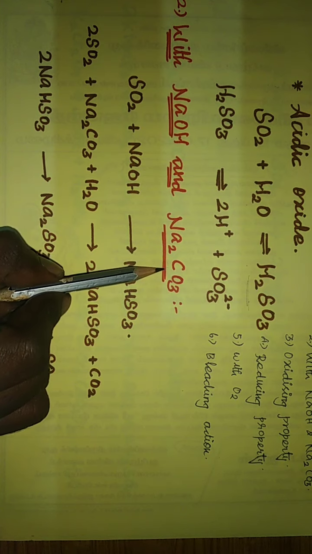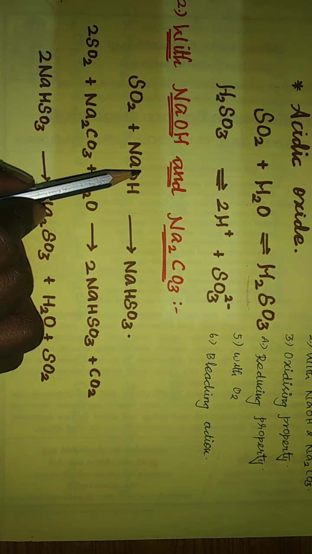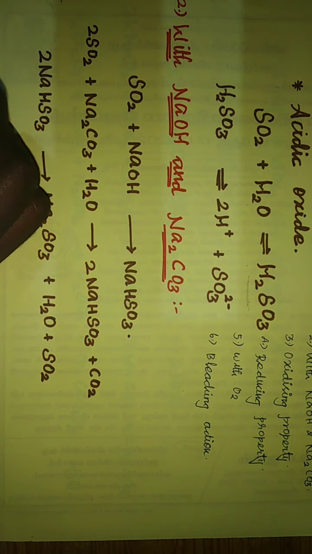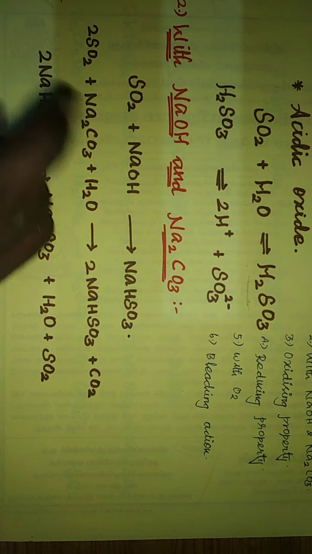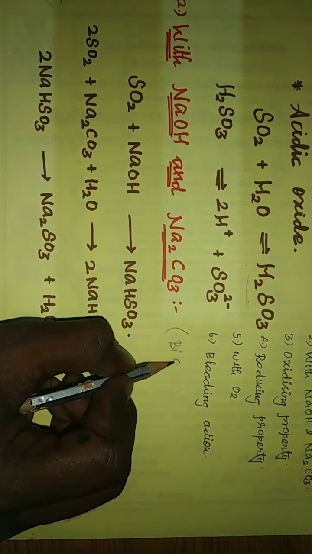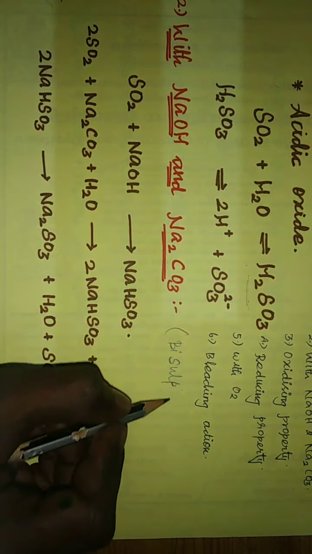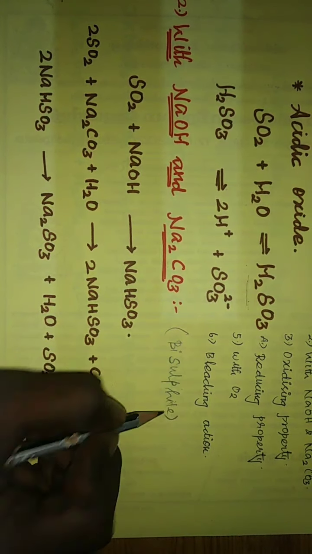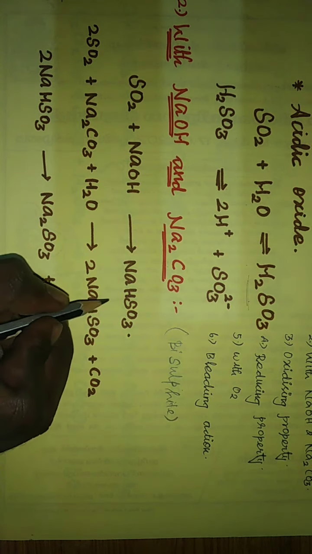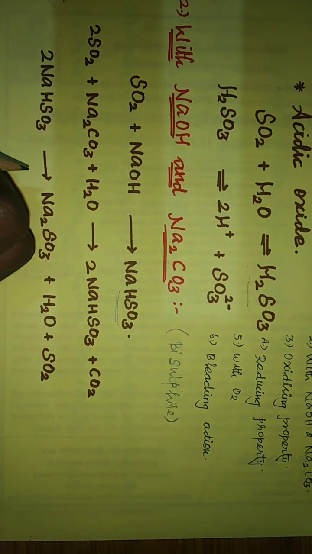Generally, when sulfur dioxide reacts with sodium hydroxide or sodium carbonate, the product will be bisulfite. It results in the formation of bisulfite ions. Bisulfite means HSO3-.